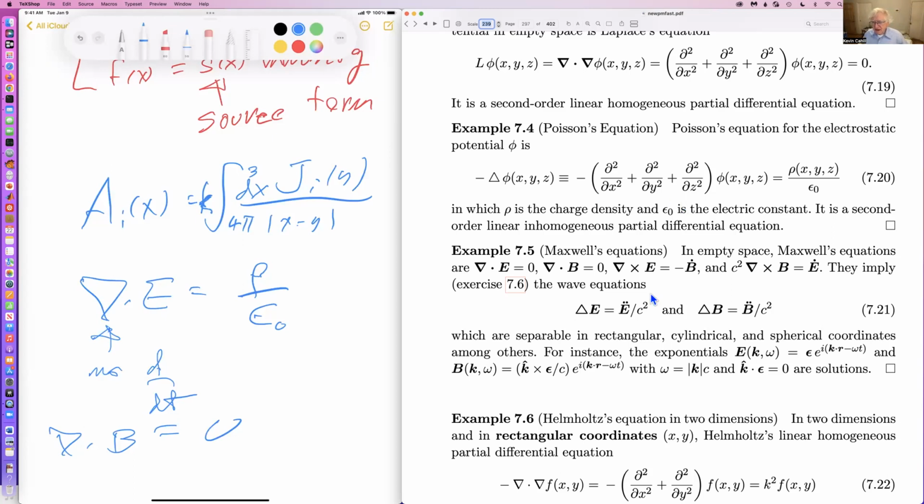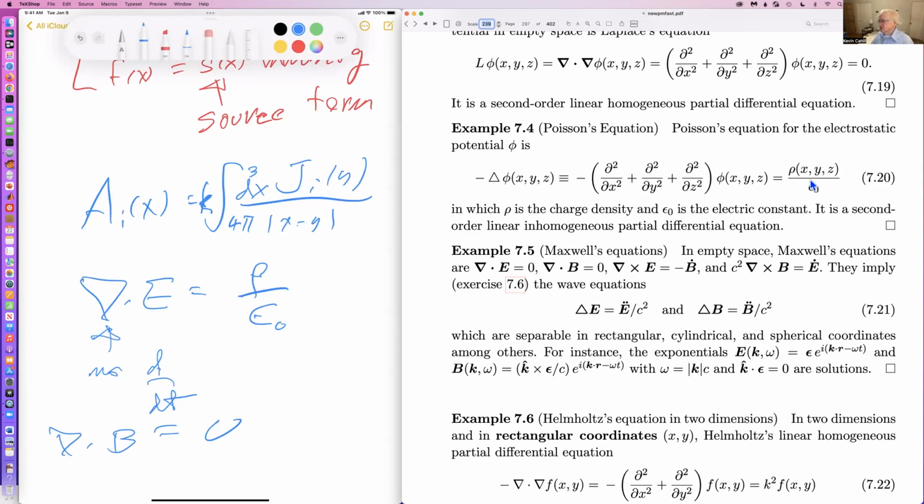More generally, in Maxwell's equations, notice the spherical symmetry here. This is a spherically symmetric differential operator. On the other hand, rho is the inhomogeneous term. So there are solutions of this equation that are homogeneous, that are very simple.